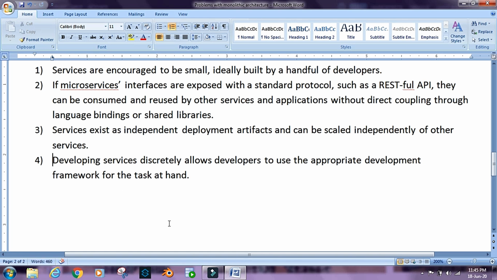So the next point is, developing services discretely allows developers to use the appropriate development framework for the task at hand. So for developing the UI, we would need a specific set of skills and a specific set of developers that understand and know the user interface specific languages such as HTML, CSS, and those kind of stuff.